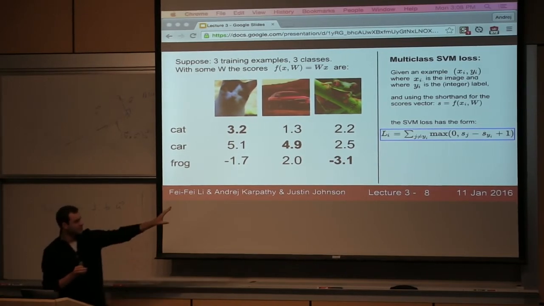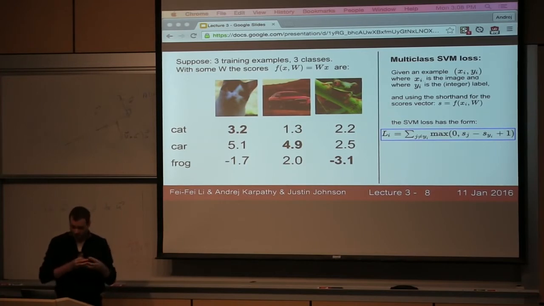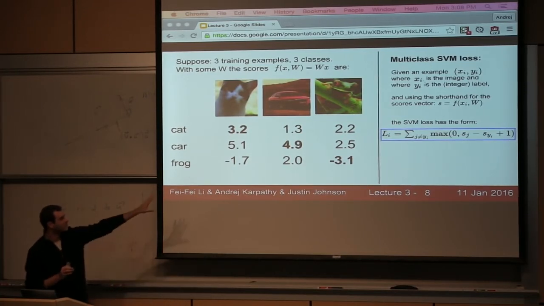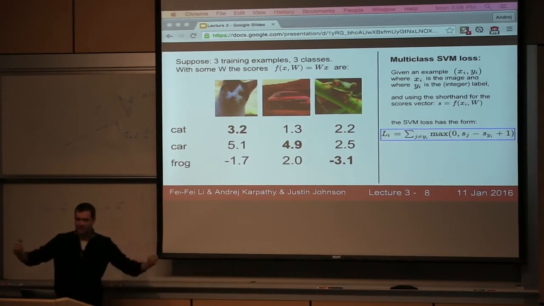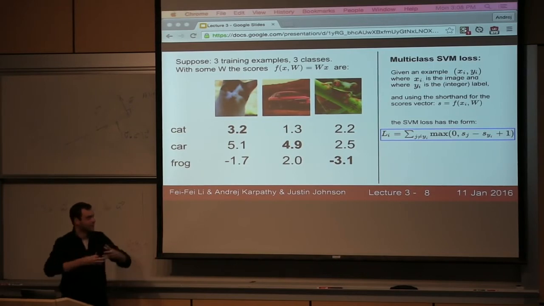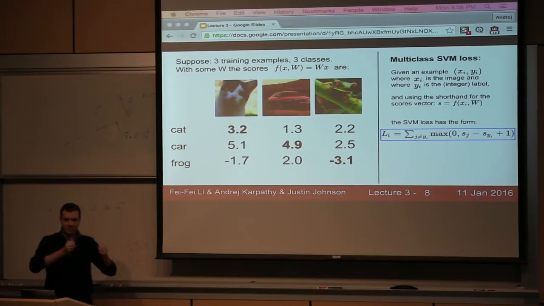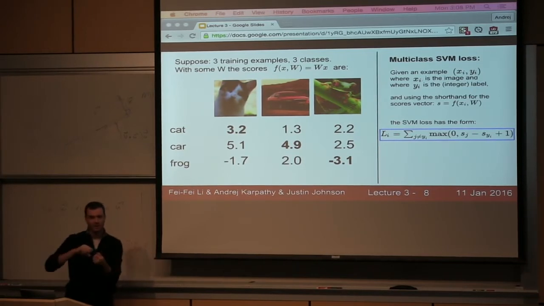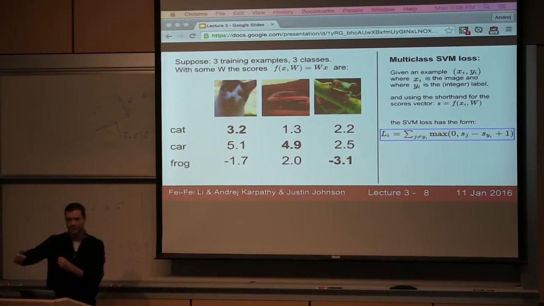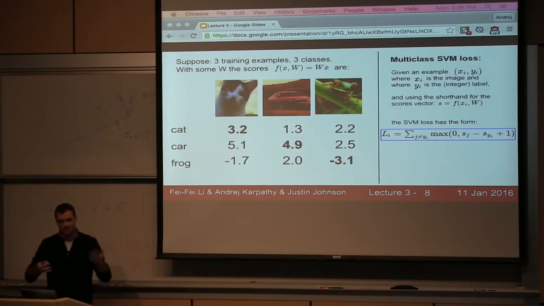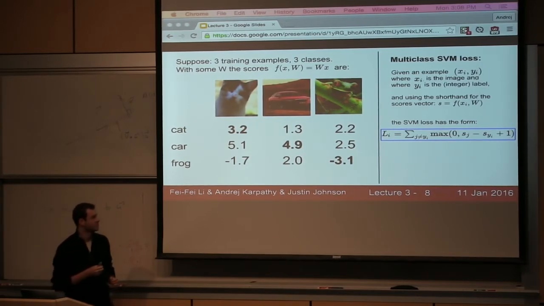And intuitively, you can look into notes for a much more rigorous derivation of exactly why that 1 doesn't matter. But intuitively, to think about this, the scores are kind of scale-free, because I can scale my W, I can make it larger or smaller, and you're going to get larger or smaller scores. So really there's this free parameter of these scores and how large or small they can be that is tied to how large your weights are in magnitude. And so these scores are kind of arbitrary, so using 1 is just an arbitrary choice to some extent.